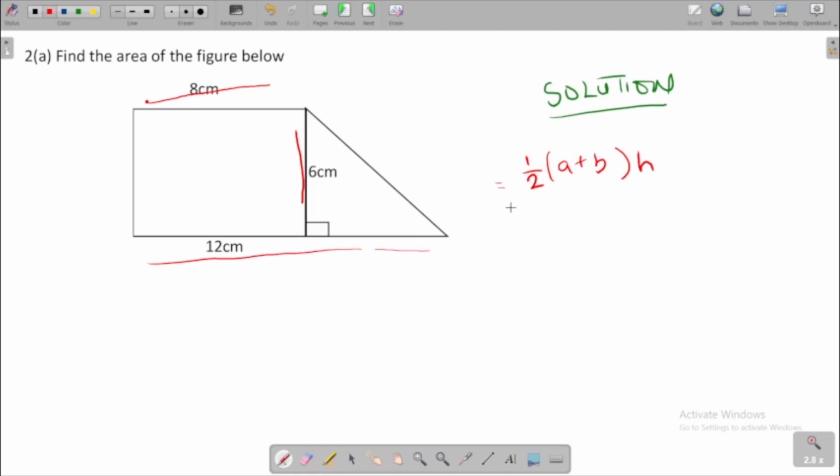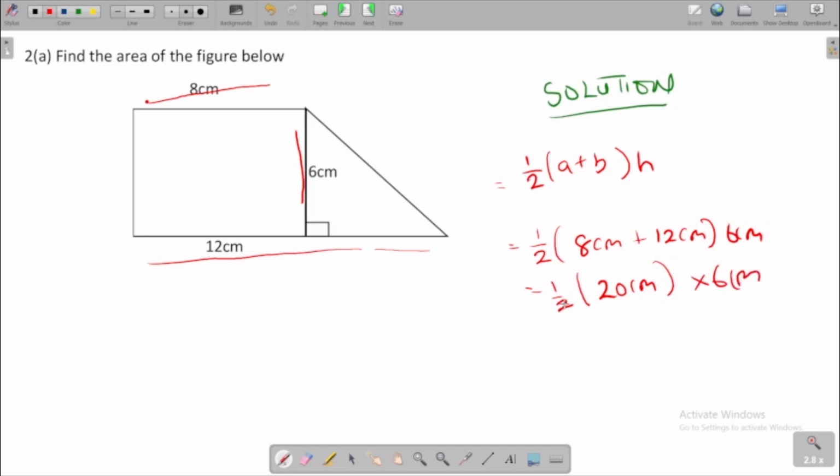So we have one over two times (8 centimeter plus 12 centimeter) times 6 centimeter. 8 plus 12 equals 20 centimeter, times 6 centimeter.